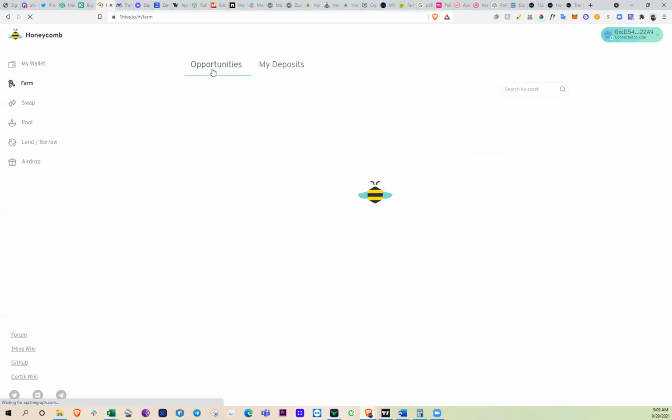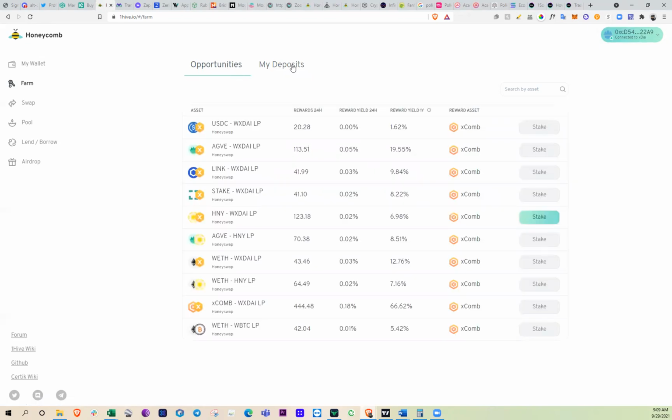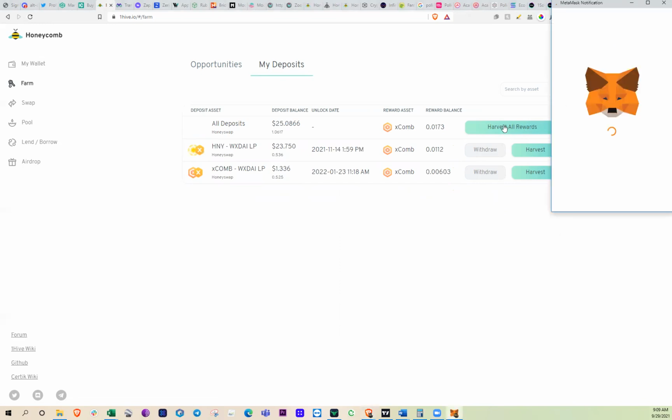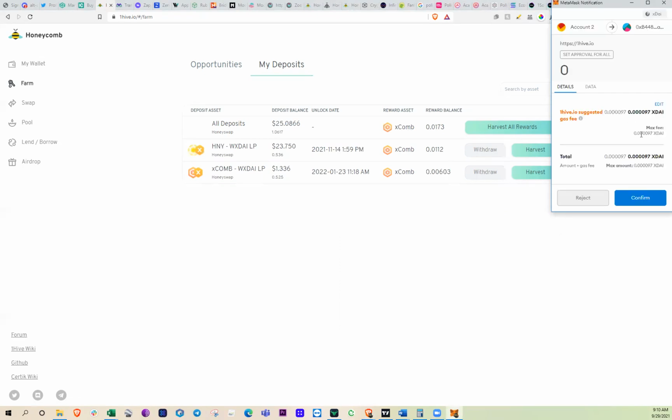And there you go. We have my overall deposits in here, the latest one that I did. And so you'll see the unlock dates on there, how much the reward is. You can harvest your rewards as you come, and you'll see that it'll pop up here with the fee.